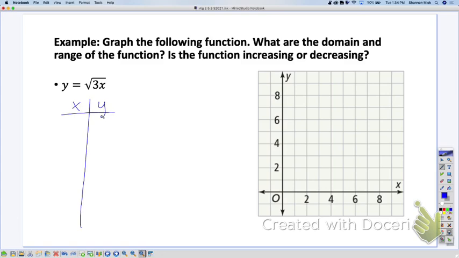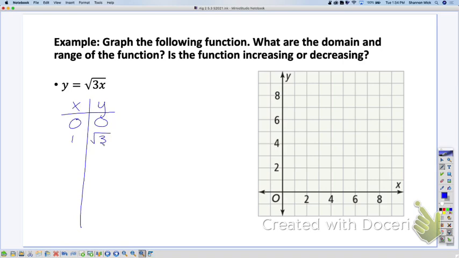Can I still put 0 in? Yes. So 3 times 0 is 0, the square root of 0 is 0. So we're still good there. What about 1? The square root of 3. I could do it, right? But can I graph the square root of 3 effectively? Not very.